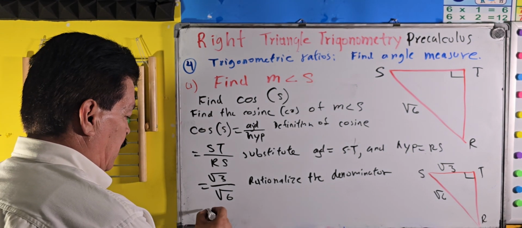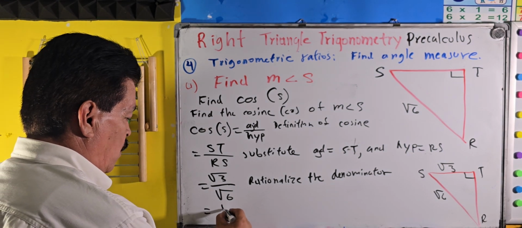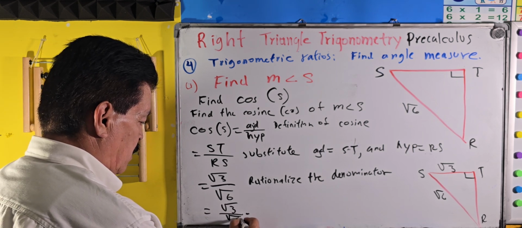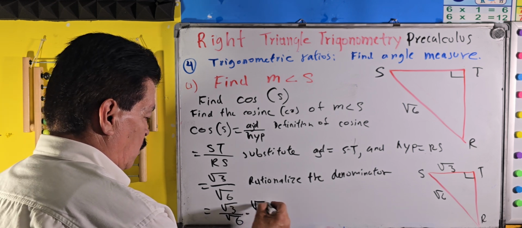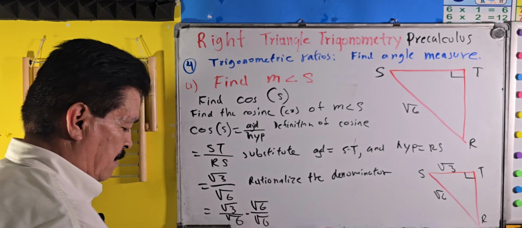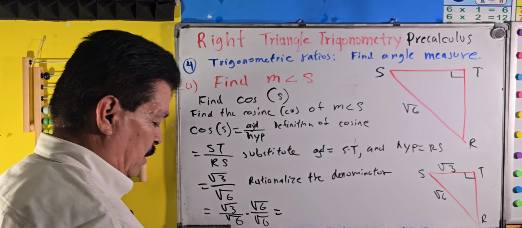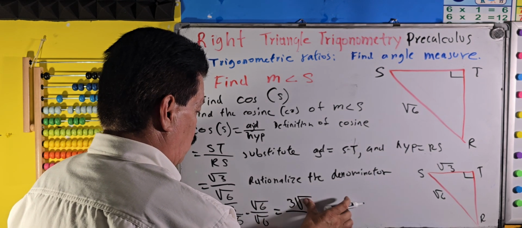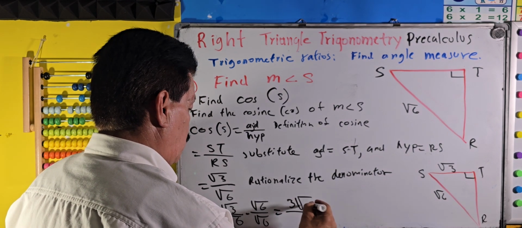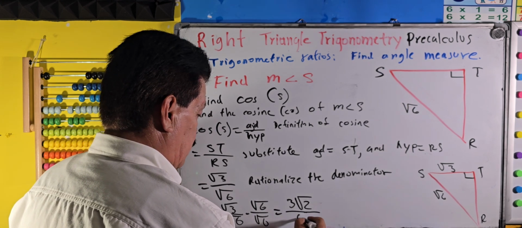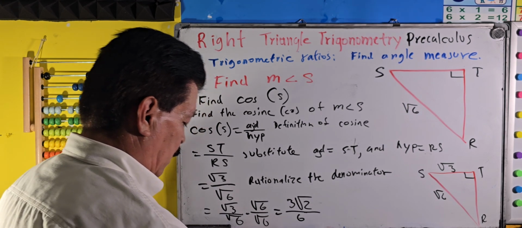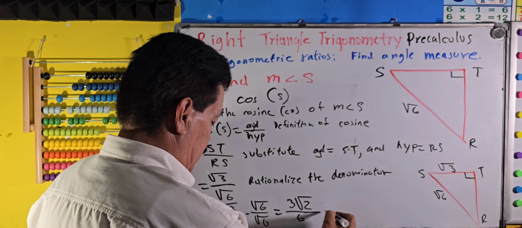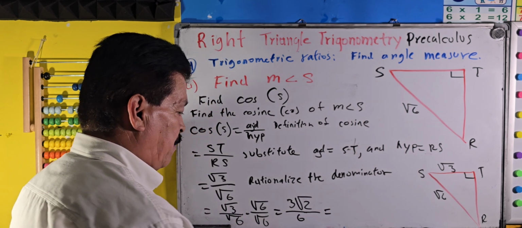So now here we will have equals square root 3 divided by square root 6 times square root 6 divided by square root 6. Okay, so we simplify, and we will have on top 3 times square root 2, which is 3 square root 2, divided by 6. So now we multiply and simplify.